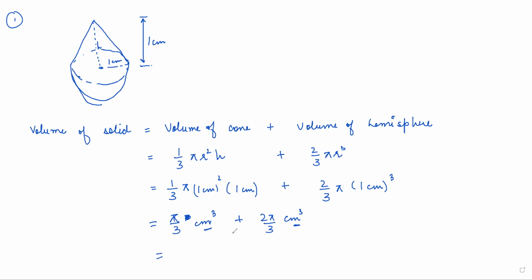Now the LCM will be 3, right? Take the LCM if you wish. So this will be pi plus 2 pi and centimeter cube. So that is 3 pi by 3 centimeter cube. So that becomes pi centimeter cube.